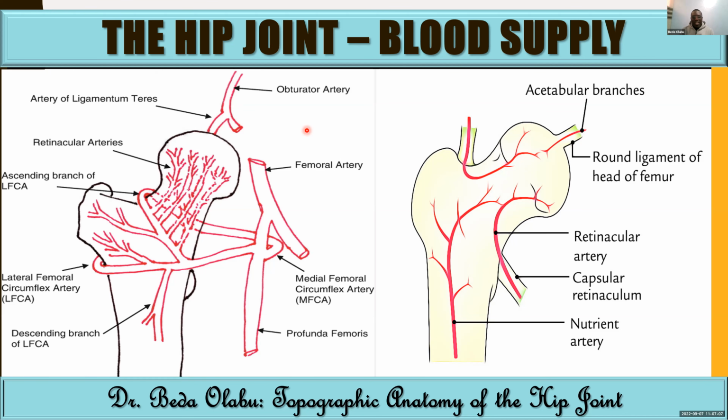But remember, those anastomoses come from other arteries. So I want us to approach it this way. We'll first describe the anastomosis around the hip joint, and then we'll see how these vessels eventually take blood to the head of femur.